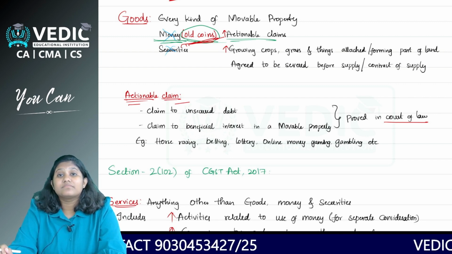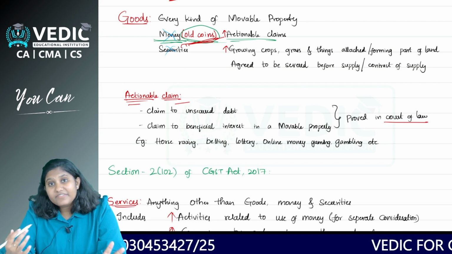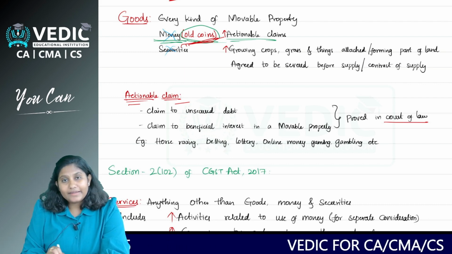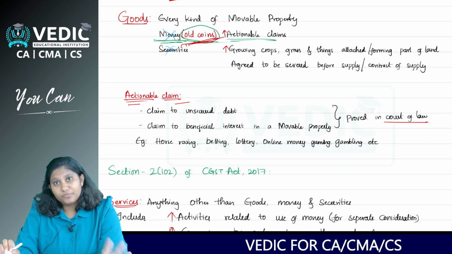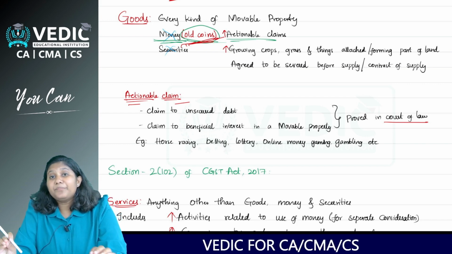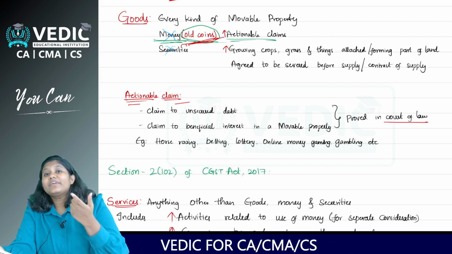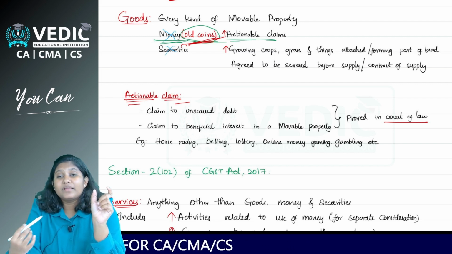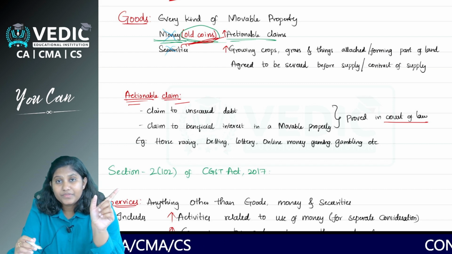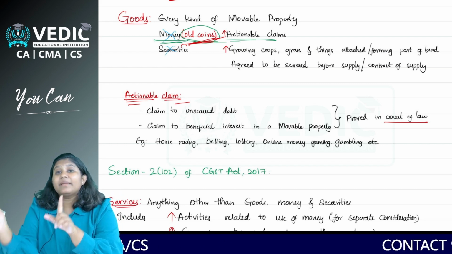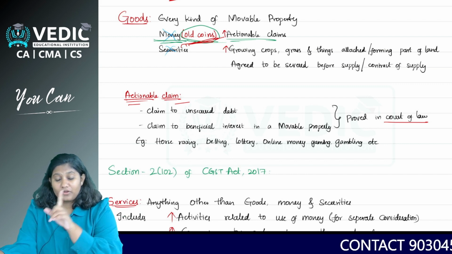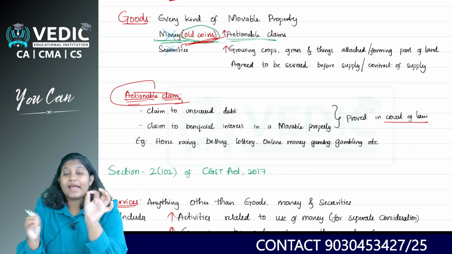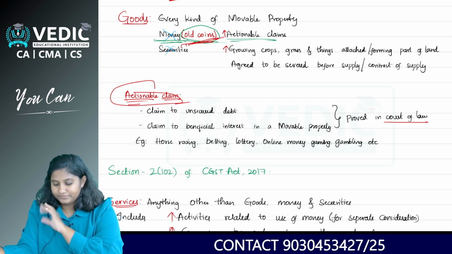I'll have a claim for receiving the car or else receiving my money. So an actionable claim is a claim to unsecured debt and a claim to beneficial interest in movable property, which can be proved in a court of law. If you don't give me my 1,000 rupees, or if the showroom doesn't give me the car or my initial deposit, I can claim my money and prove it in a court of law. That is an actionable claim, a claim which can be actioned and proved in a court of law.